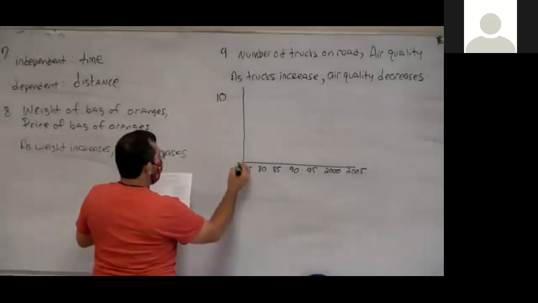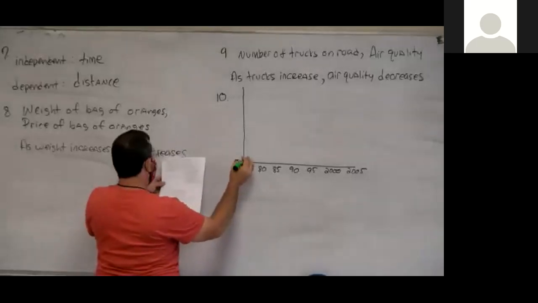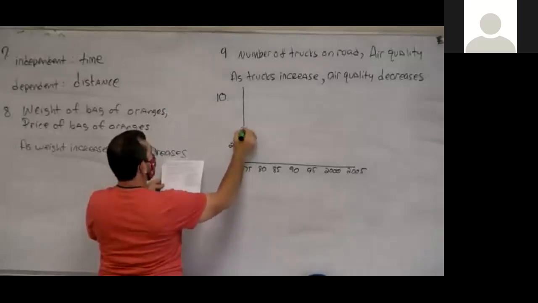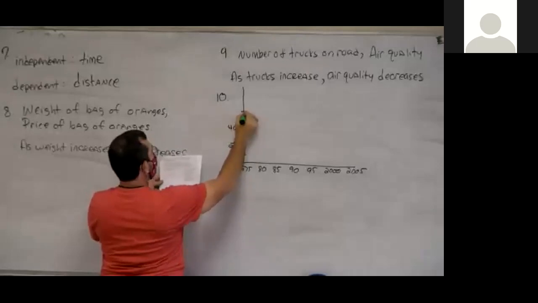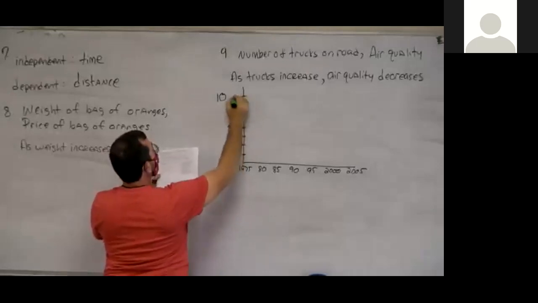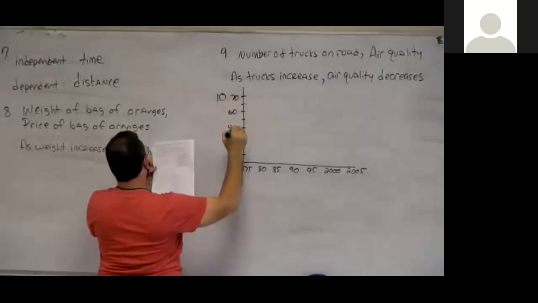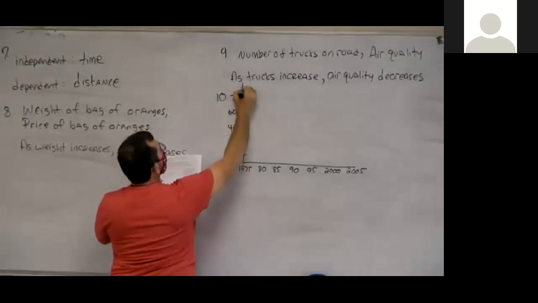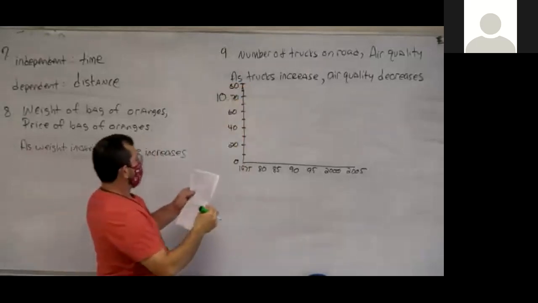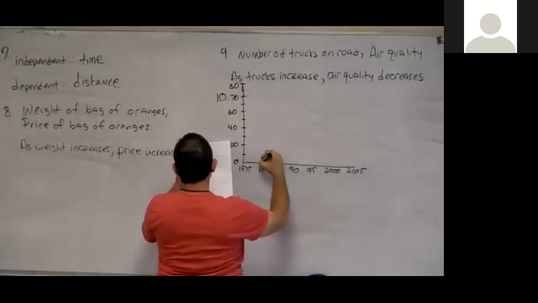All right, you see my y-axis, I've got 0, 20, 40, 60, 70, and then one more up to 80. So let me draw these little lines I've got.